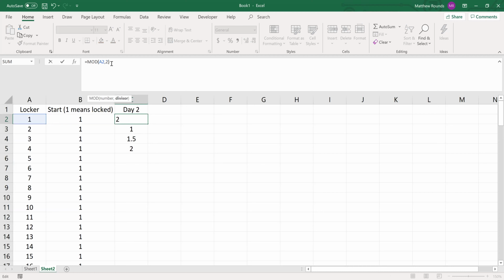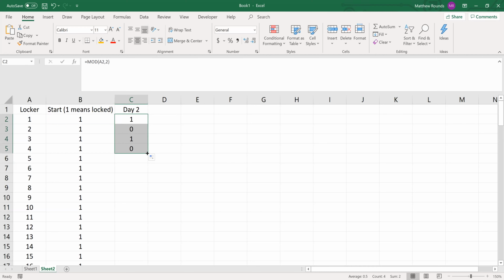So Excel has this thing called modular arithmetic, and you can see that the ones that are even have a 0 next to them. So what we're trying to do is create a rule here. It says all the odd number lockers were locked and all the even ones were unlocked.